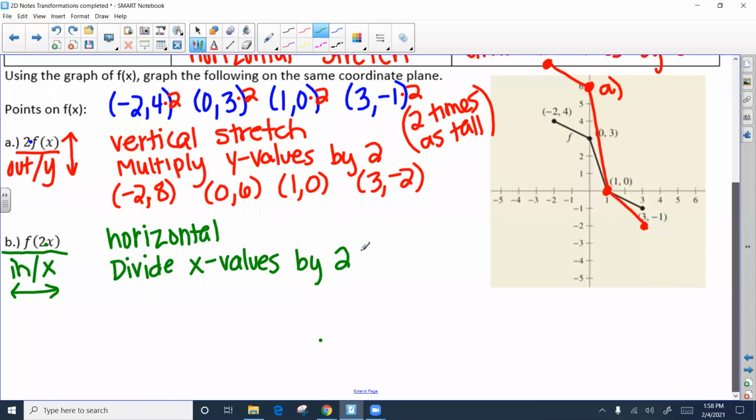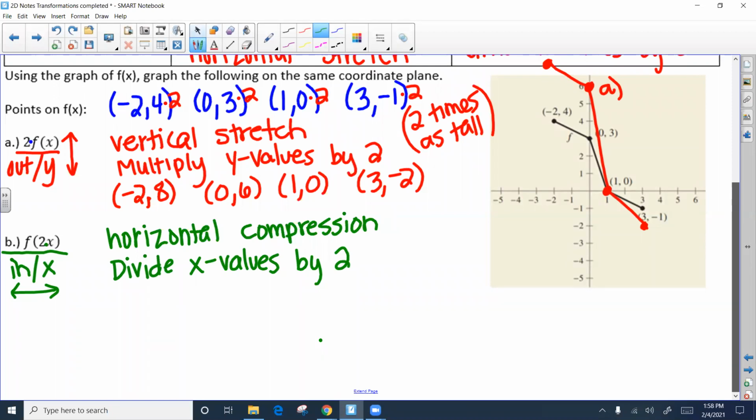What's going to happen if I divide the x values by 2 is the x values are going to get smaller, which means this is going to be a horizontal compression. That's how I like to think about it, whether the x or the y values are going to get bigger or smaller. Here, the x values are going to get smaller, so it's a horizontal compression.